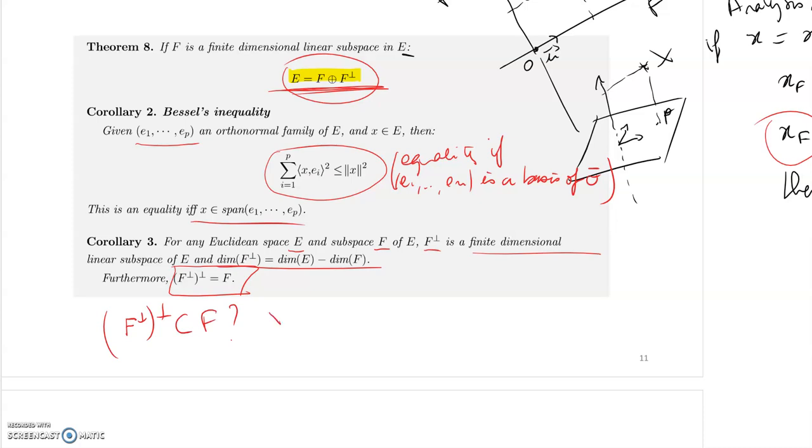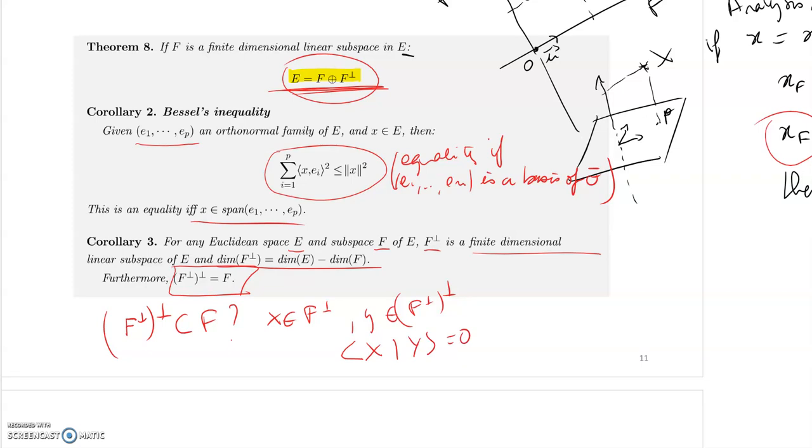So let's take x that belongs to F orthogonal, and y that belongs to the orthogonal of the orthogonal. By definition, what does it mean? It means that the scalar product of x and y is equal to 0, because y belongs to the orthogonal of the space that x belongs to.